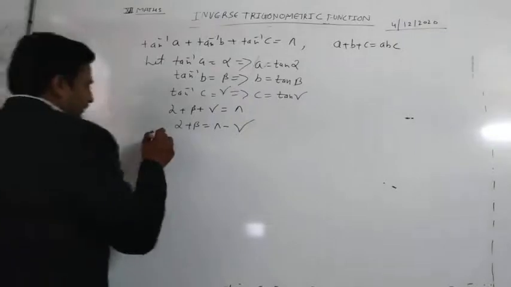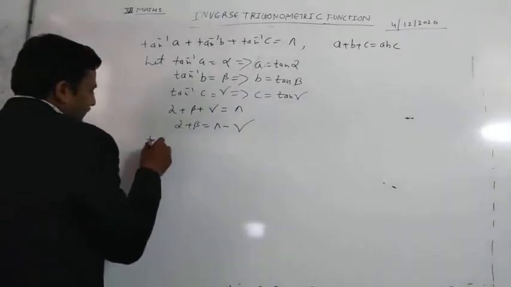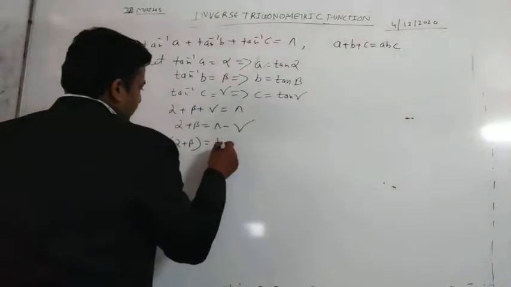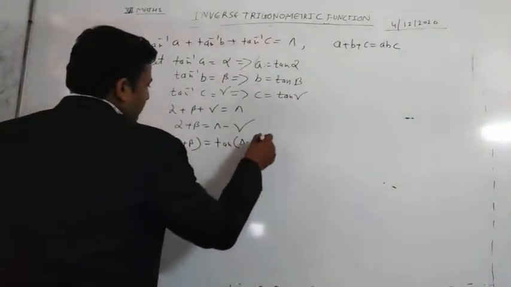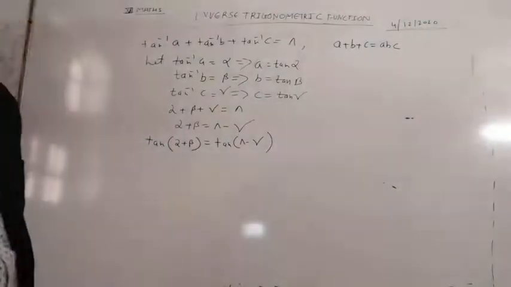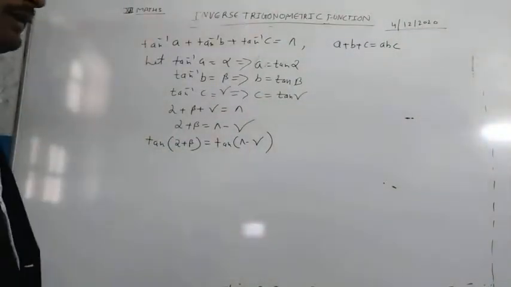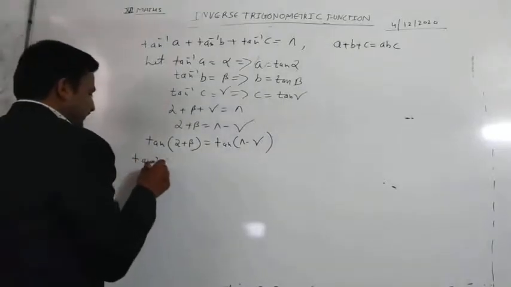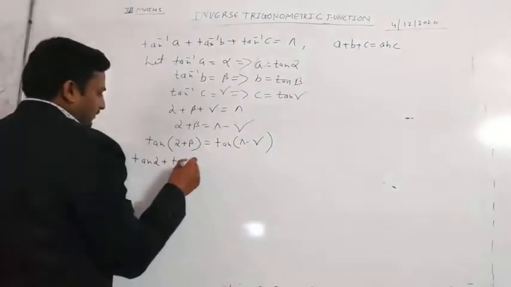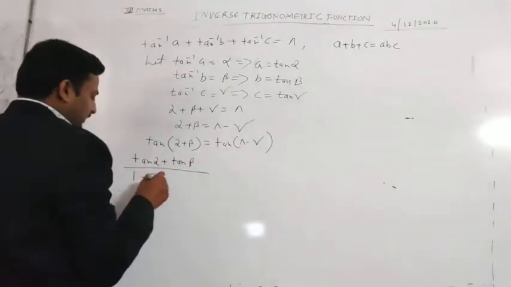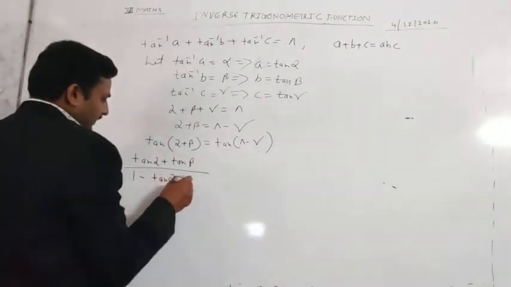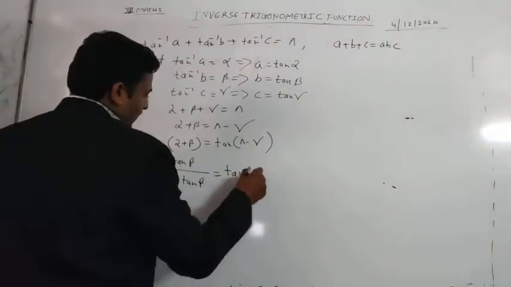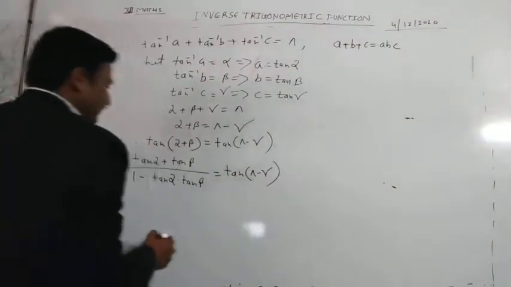Taking tan both sides, we write tan of alpha plus beta is equal to tan of pi minus gamma. Now apply the formula tan A plus tan B upon 1 minus tan A tan B.